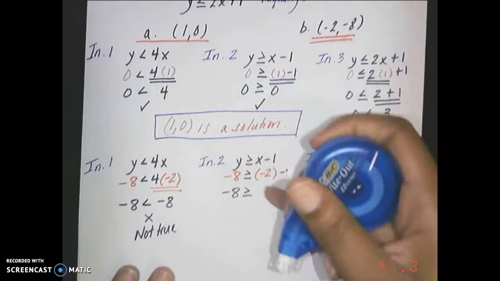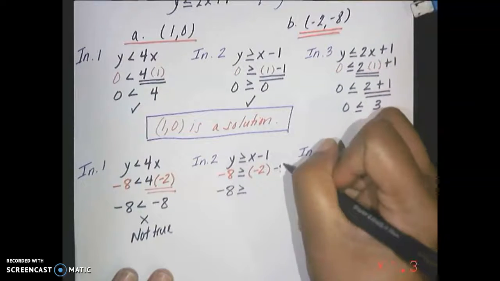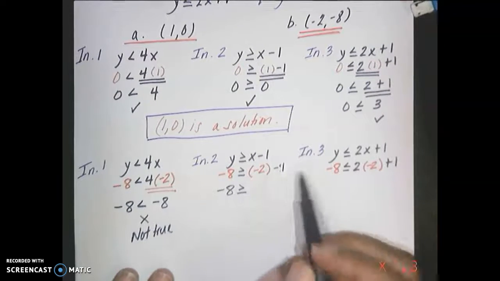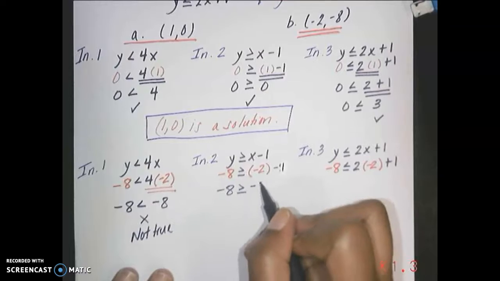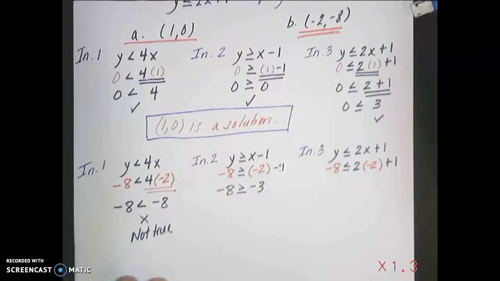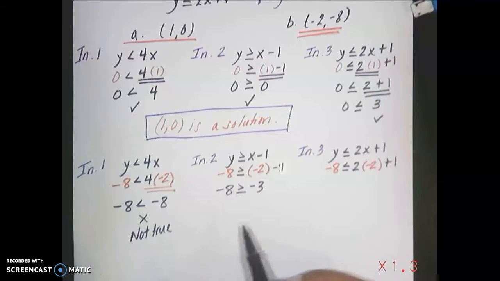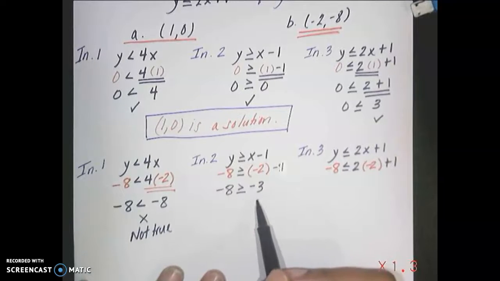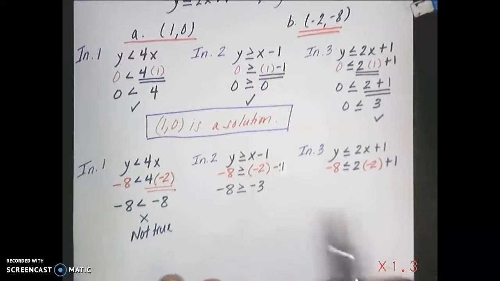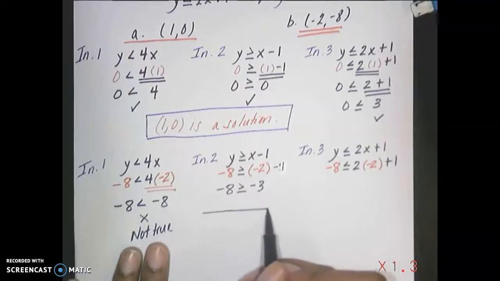Excuse me. Minus 1 should be. So negative 2 minus 1, that's like me borrowing $2 and borrowing 1 more. That's a negative 3. And a lot of times students get tripped up with this part, with negative 8 being greater than a negative 3. Think about a number line and where things lie.